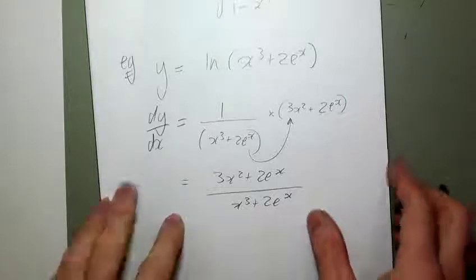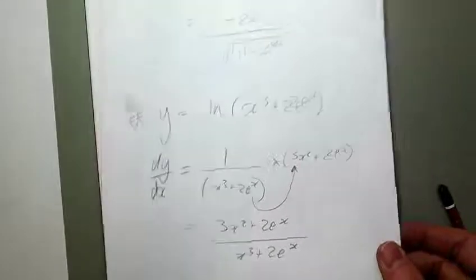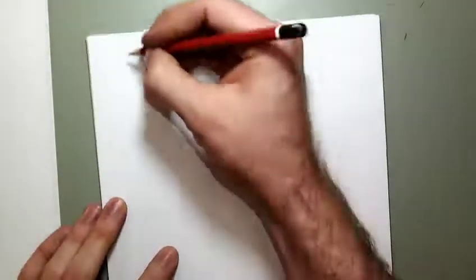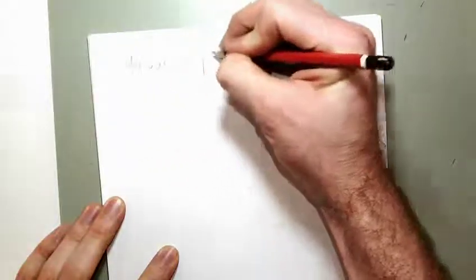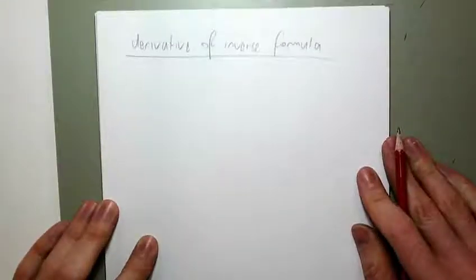Great. But if you want to prove that one of them has that inverse, then there is a way of going about it that uses a specific rule. And it goes like this. There are two versions of the derivative of an inverse formula. Okay, so there's one that goes like this.